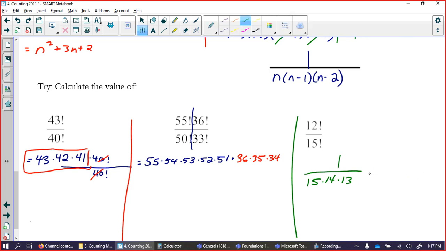Just a 1. Some people make the mistake of seeing this and saying, oh, that's 15 times 14 times 13, and just write it without the fraction. But if there's a larger number in the denominator than the numerator, then we have to do this little bit.